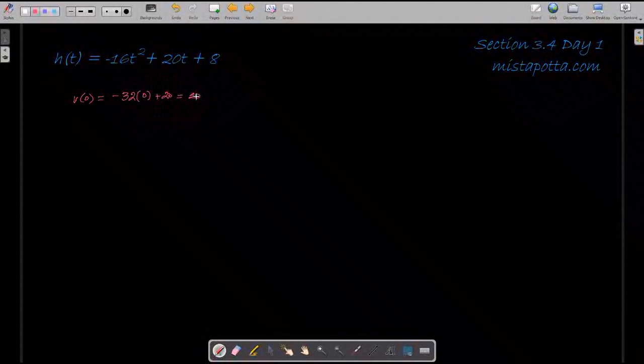So that's the 20 feet per second that we were referring to. So from all of this information, I can find out stuff about what's happening to me as I travel along this parabolic path, going up until I reach a certain point, and then coming down due to gravity.